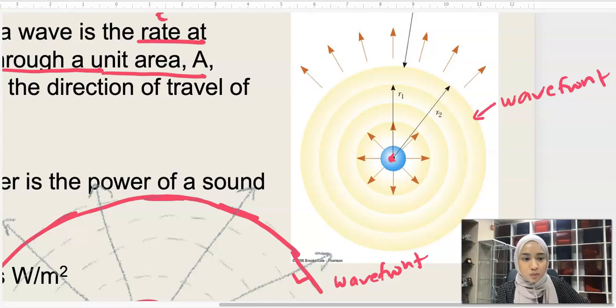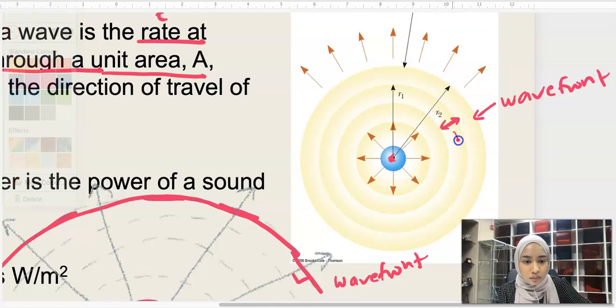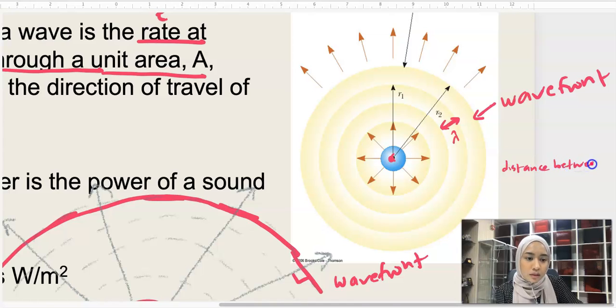So we have discussed what is your wavefront, which is the whole thing, right? That is perpendicular to the direction of travel. The distance between two wavefronts is your lambda, or your wavelength.